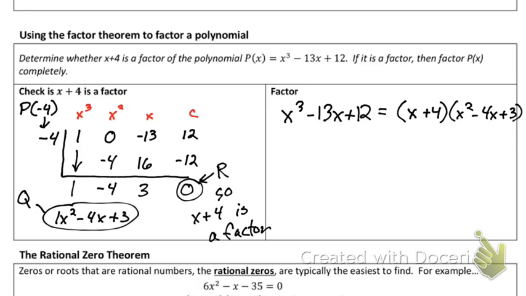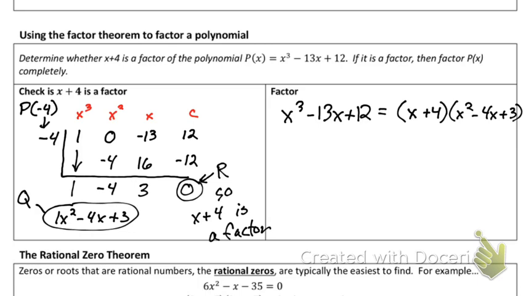Why is that important? Well, good question. We know how to find the zeros for a quadratic function. We can complete the square, we can use the quadratic formula, and we know how to factor those. That's what we practiced with. I started with x cubed. Does the quadratic formula work for cubed functions? No, it doesn't.